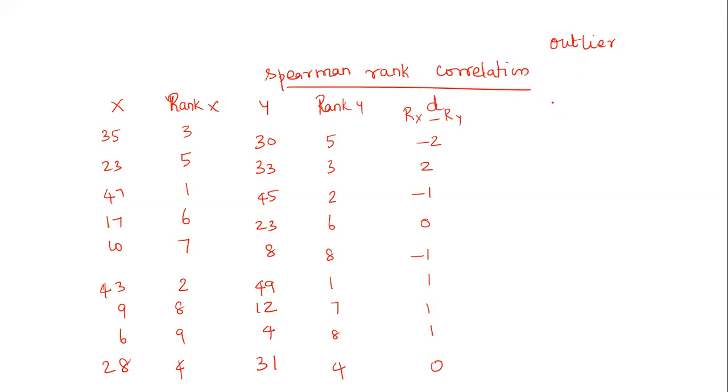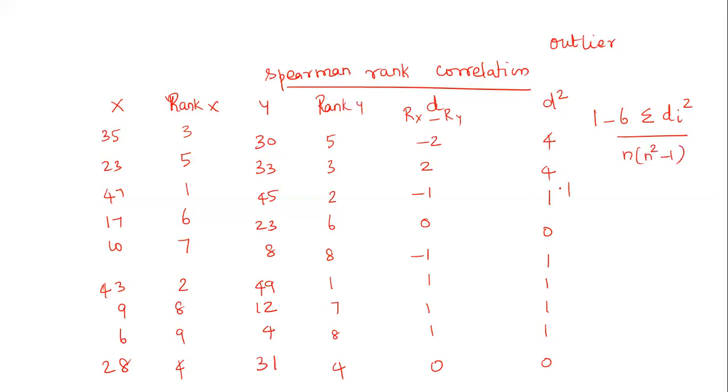Now we'll calculate D square. Square these values: 2 twos are 4, 4, 1, 0, 1, 1, 1, 1, 0. We substitute in the formula: 1 minus 6 summation di square divided by n into n square minus 1.